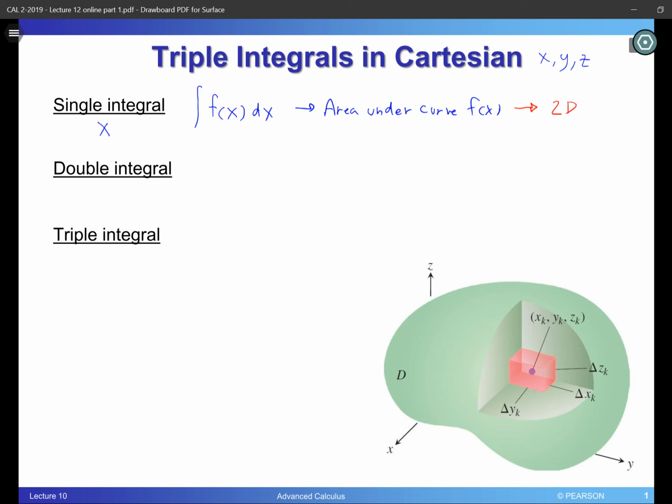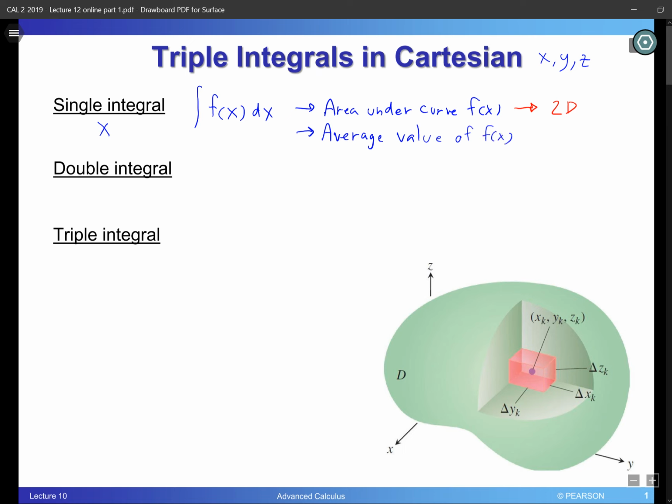Alright, and now we can also use this single integration to find the average value of a function. We can use this to find the average value of f(x).